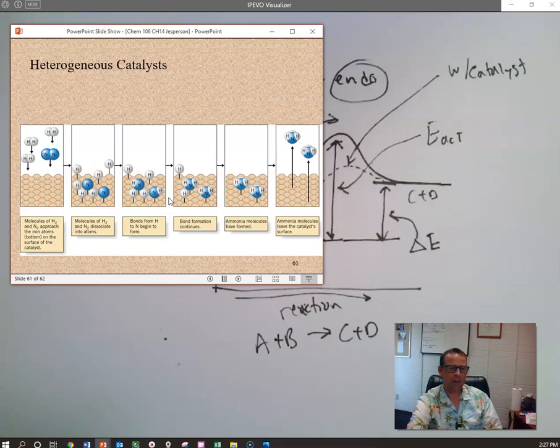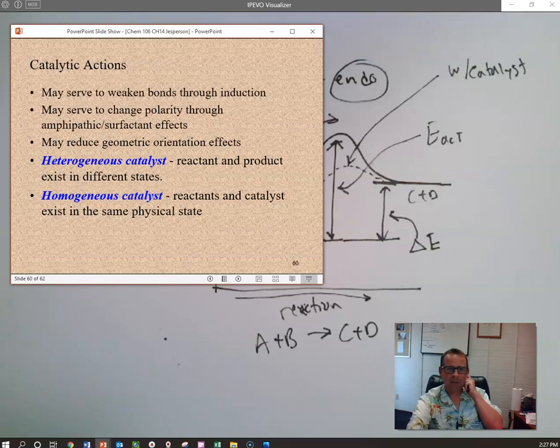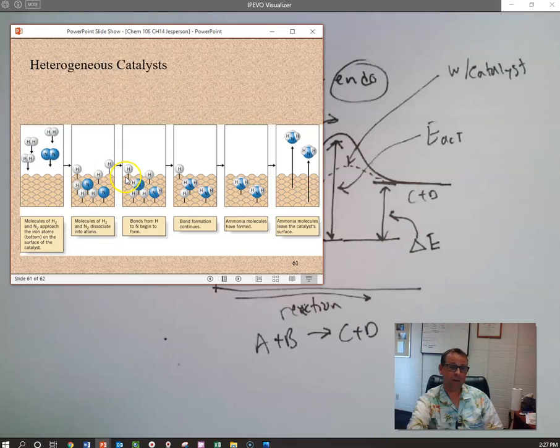Okay. So that's what catalysts do. They lower the activation energy. And we have something that are called heterogeneous catalysts or homogeneous catalysts. A homogeneous catalyst is a catalyst that will be in the same phase as your reactants, whereas a heterogeneous catalyst like this here is a physical solid surface that is binding to gaseous molecules of hydrogen and nitrogen.